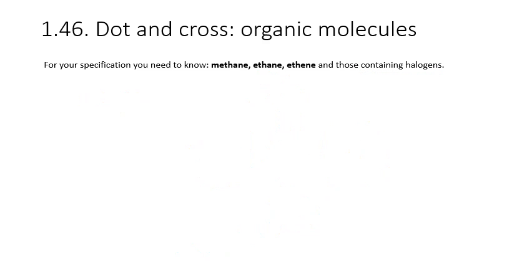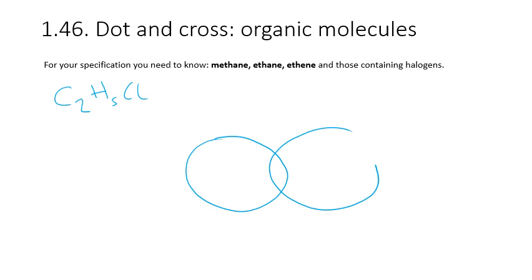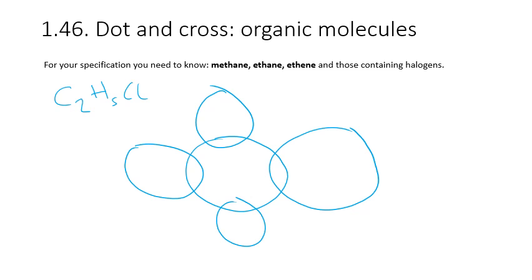Okay, so just one final example, just to make sure we got this. So we'll do chloroethane. So ethane was C2H6, but of course one of those has been replaced now with the chlorine. So again, we've got 2 carbons in the middle with single bonds, and 3 hydrogens around one of them.